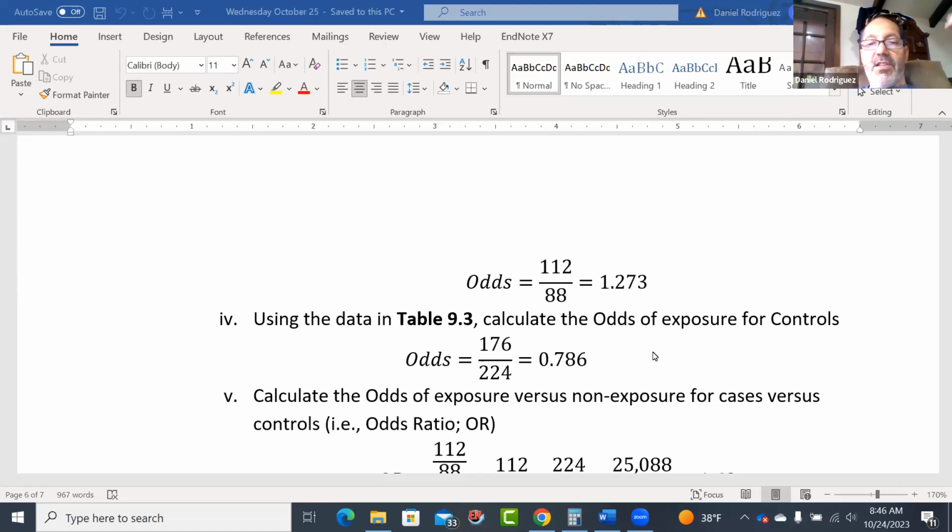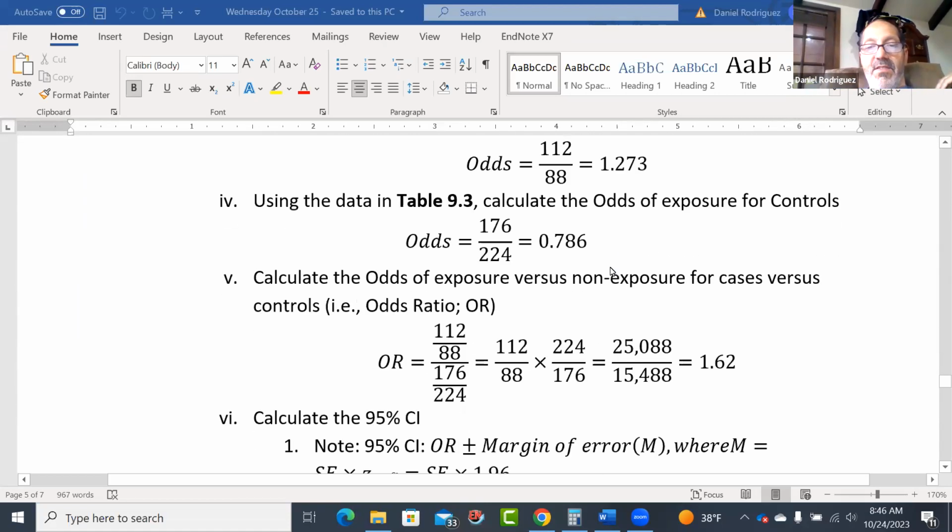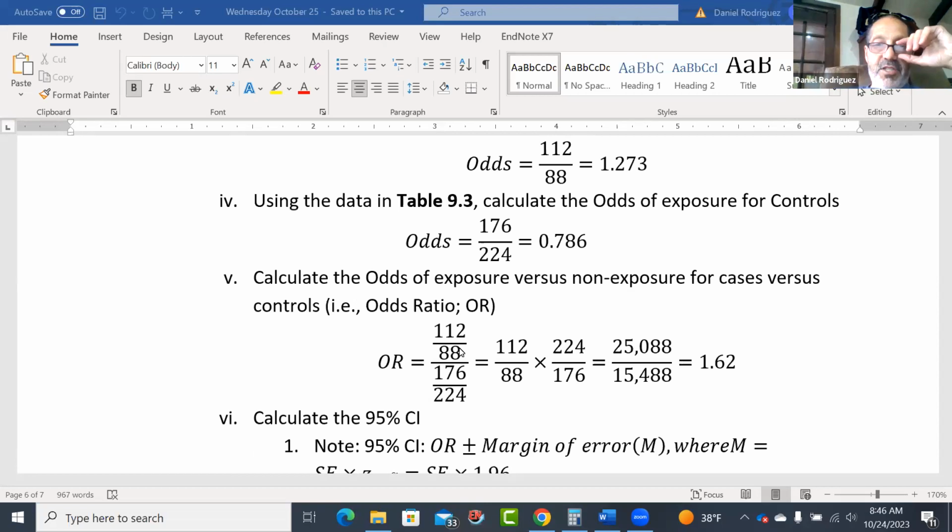Odds among the controls, and we call the controls individuals who do not have the disease. And here it would be 176 divided by 224. So here we have the two different quotients, right? The numerator and the denominator.